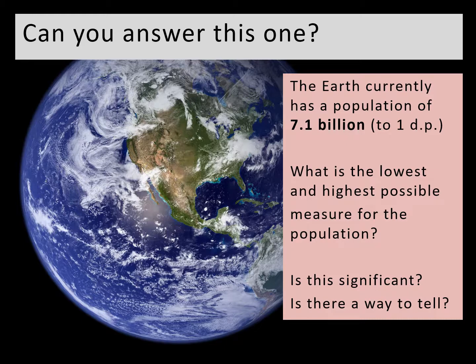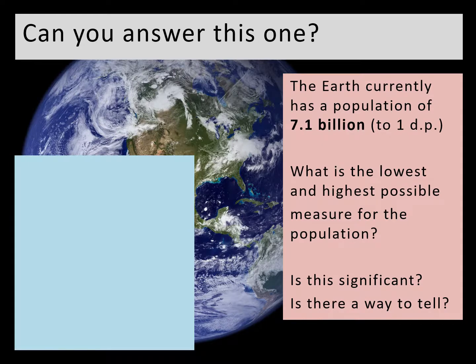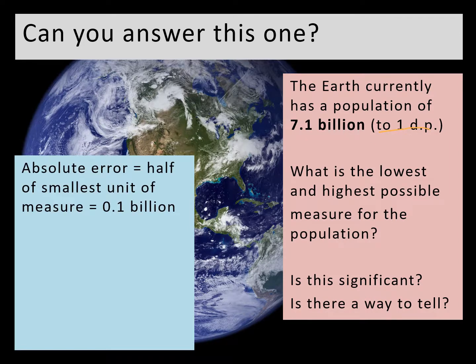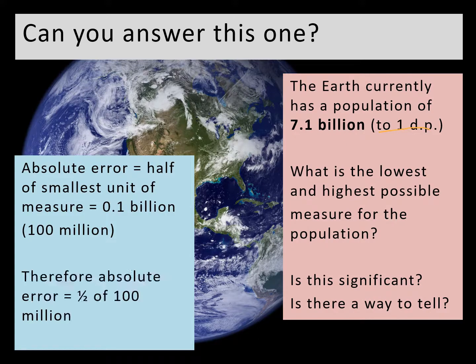And more importantly, is there a way to tell whether it's significant or not? Well, the measurement has been done to 1 decimal place, so 0.1 billion, which, if you know your billions, you'll know that's 100 million. And so half of 100 million is 50 million, or 0.05 billion.